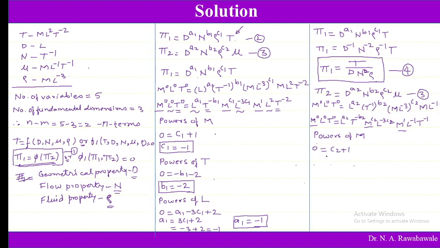So c2 is equal to minus 1. Then collecting powers of T, we take first the left hand side, where the power of T is 0. On the right hand side the power of T is minus b2.